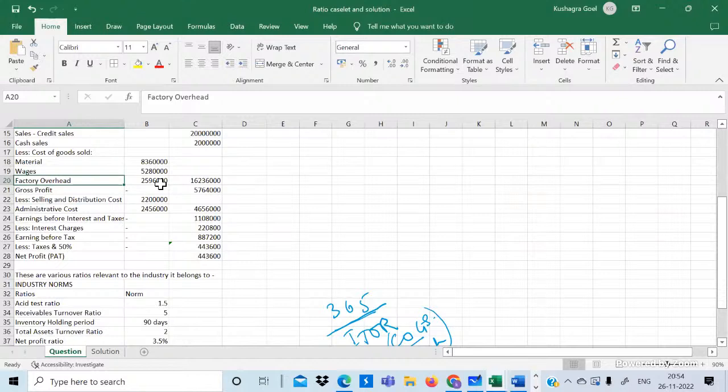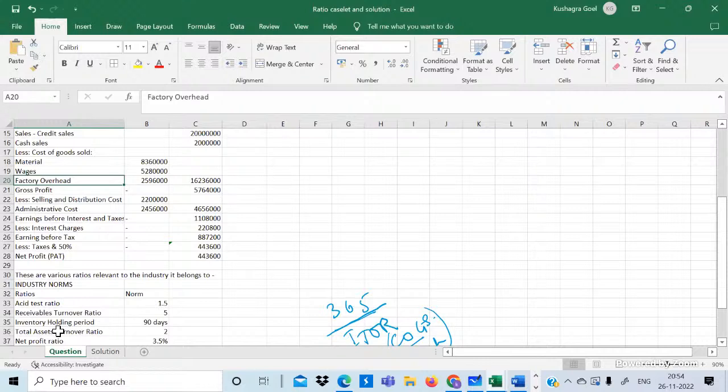For example, rent, electricity bill, security guards' costs, and so on and so forth. So I cannot directly say that this security guard amount will go to this particular unit. I can't do that. So indirect cost incurred in the factory is known as factory overhead.